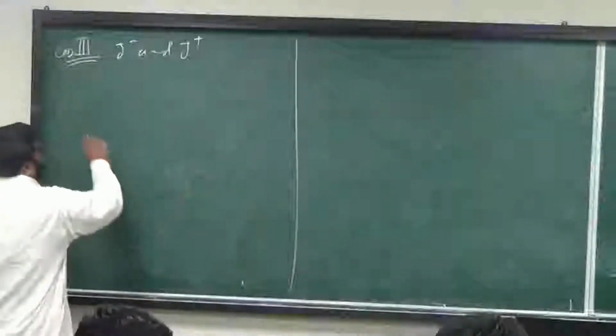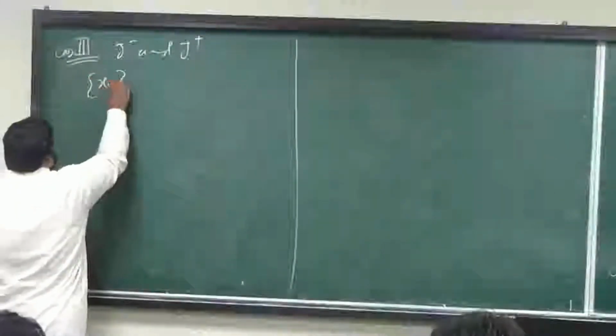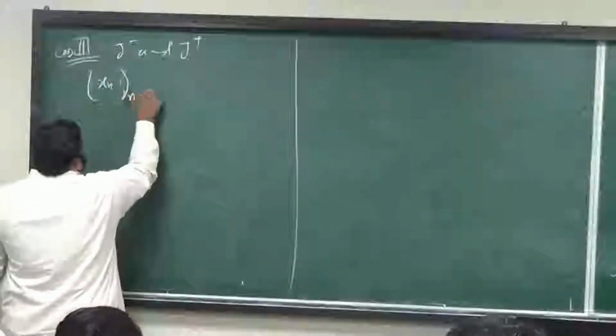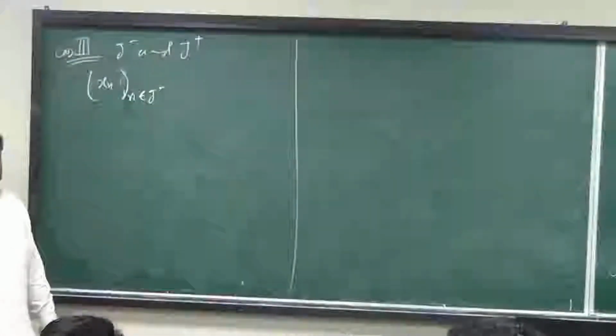So if this is the case, consider two subsequences. x_n where n belongs to J minus.